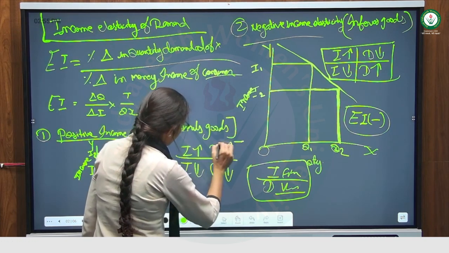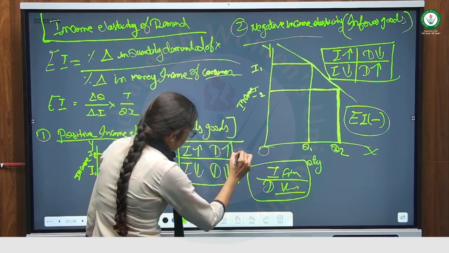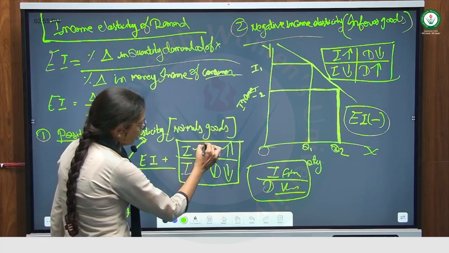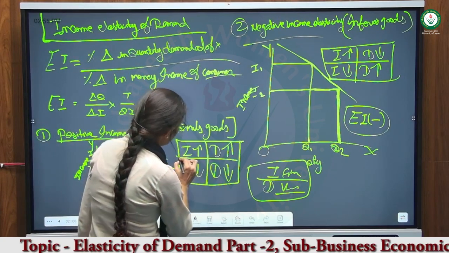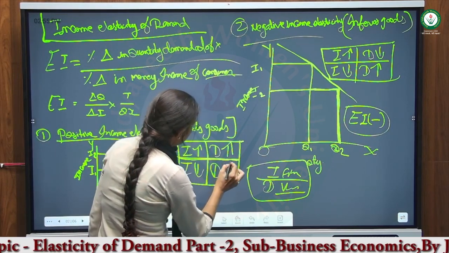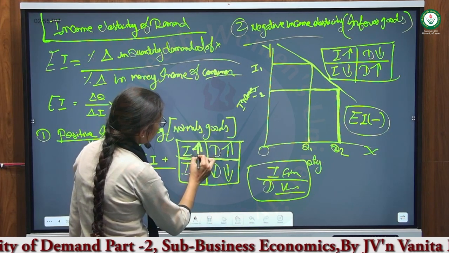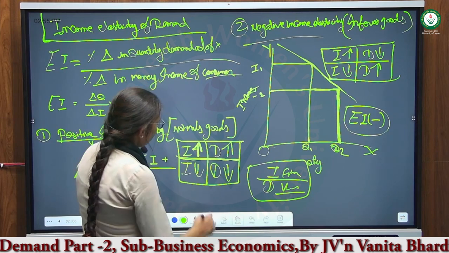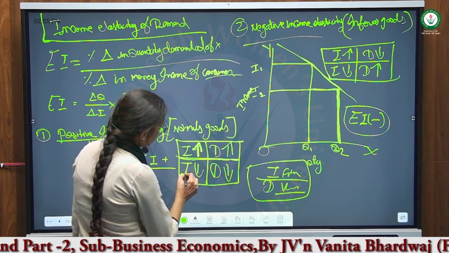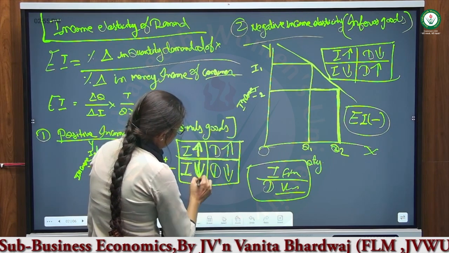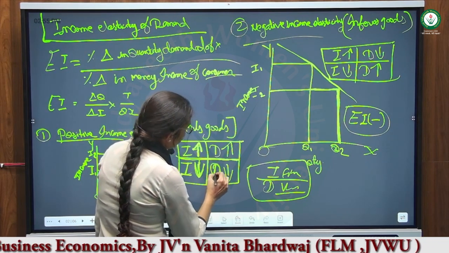This positive relationship will be applicable only in normal goods. When a consumer's income is increasing, he switches to costlier or normal commodities. When the consumer's income goes down, he moves to less demanded or cheaper goods, so demand will decrease.